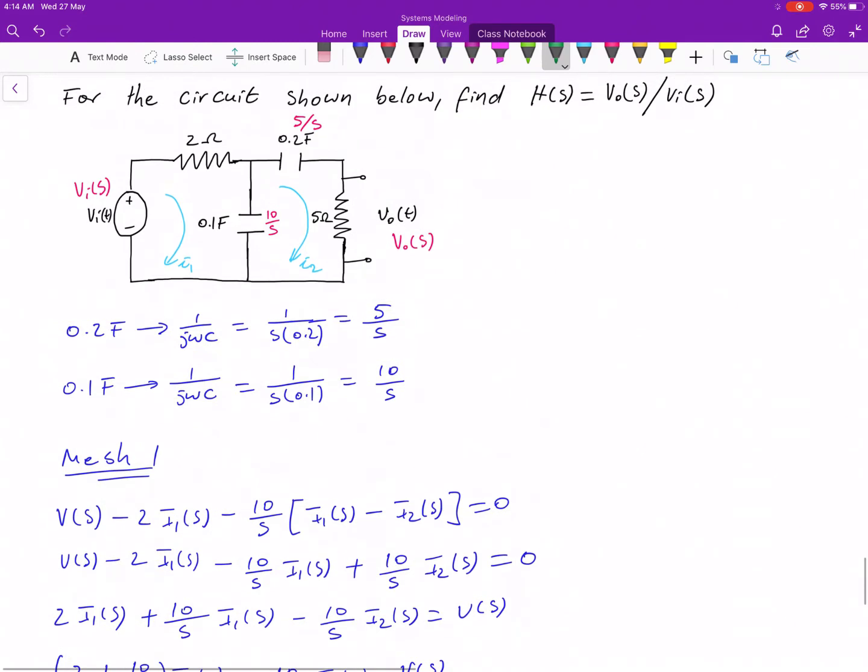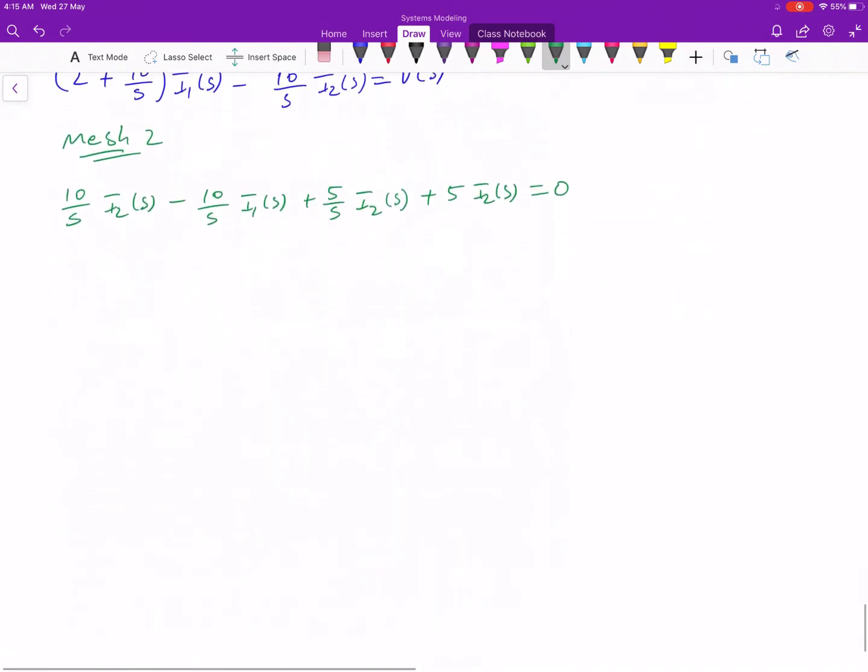You can see that I2 is going through this capacitor and also through this resistor. Also, since I1 is going this way and I2 is coming out here, you are going to have the difference between I1 and I2 around that capacitor.